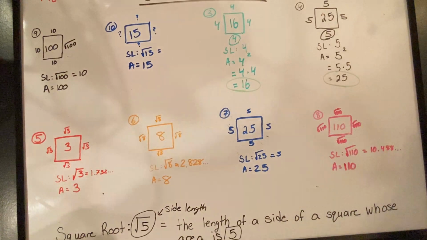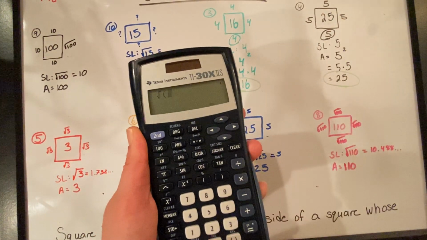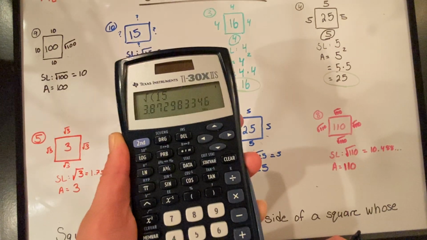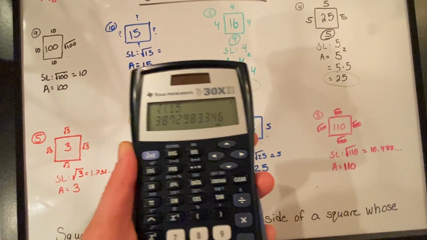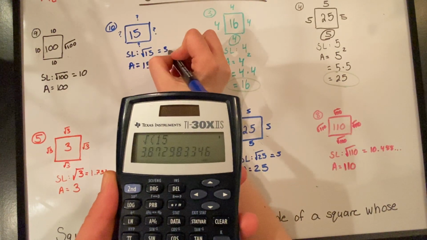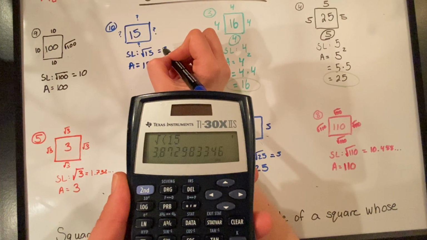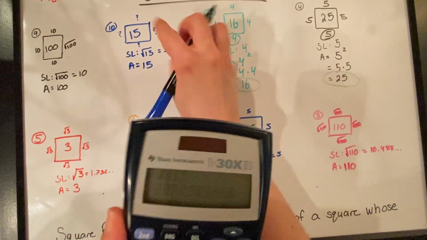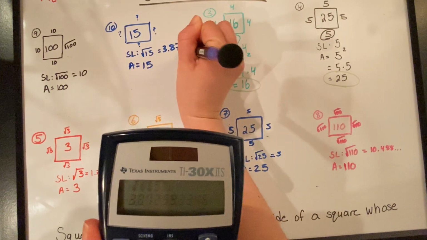And if I were to put that in my calculator, square root of 15, I get this not repeated decimal, just this really long decimal. So I'm gonna write 3.87 dot dot dot.